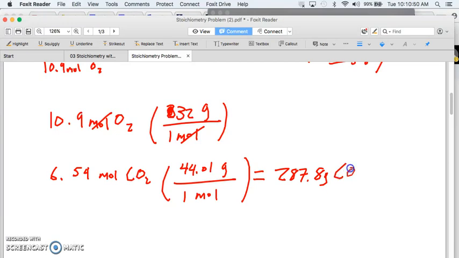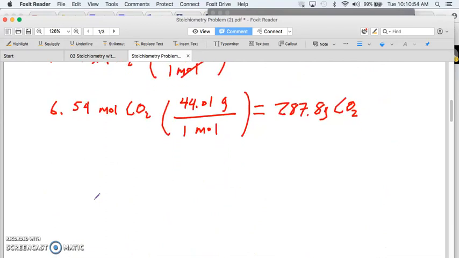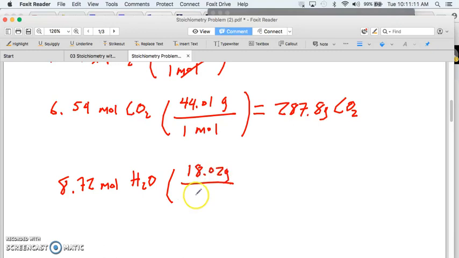And that's carbon dioxide. Okay, for H2O, we had 8.72 moles of H2O times its molar mass, which is 18.02. If you're wondering where I'm getting these numbers from, I'm just taking the numbers from the periodic table and adding them together. I just have them memorized, but if you need to, just look them up on the periodic table. In fact, most of you need to do that.